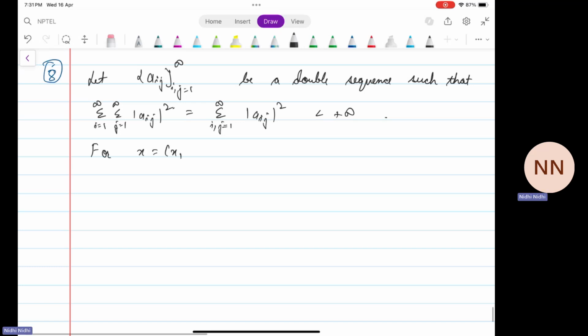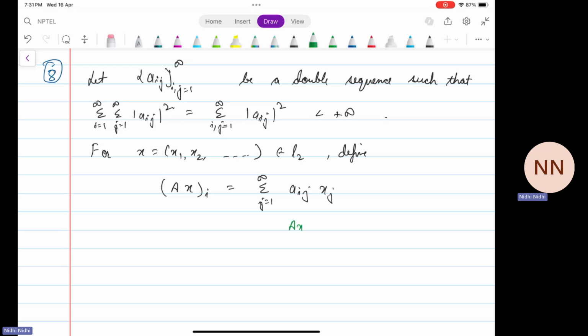For any x in L2, x equal to x1, x2, and so on belonging to L2, we define an operator A such that the ith element of Ax is equal to summation j from 1 to infinity aij xj.